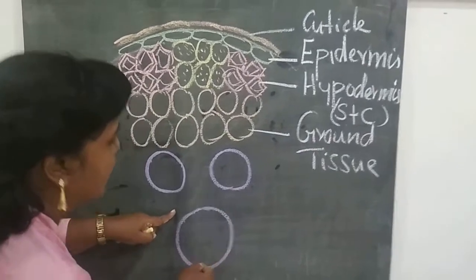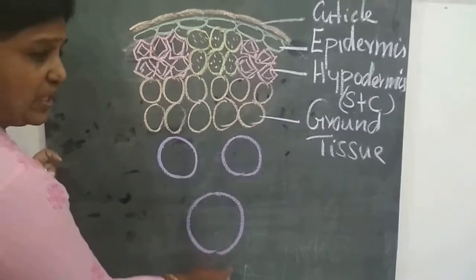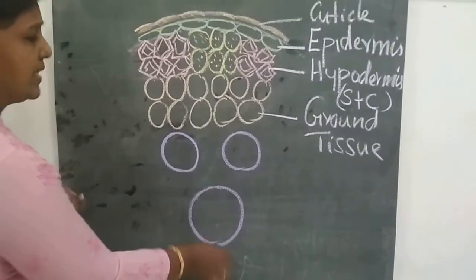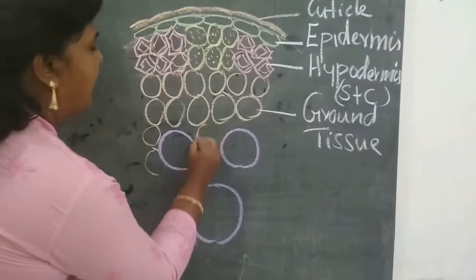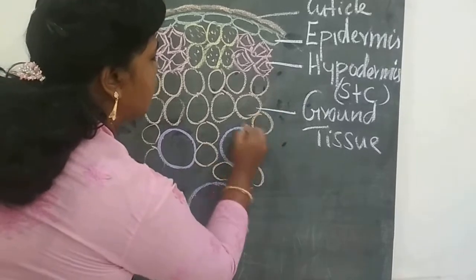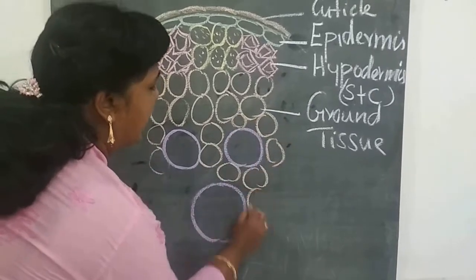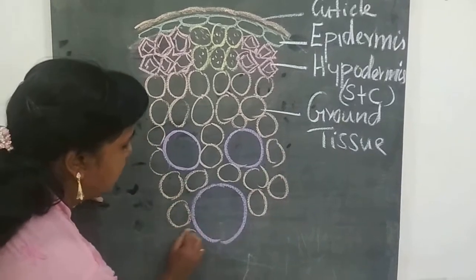The smaller vascular bundles face towards the periphery, and the large vascular bundles face towards the center. In between there are parenchyma cells, which we call ground tissue.